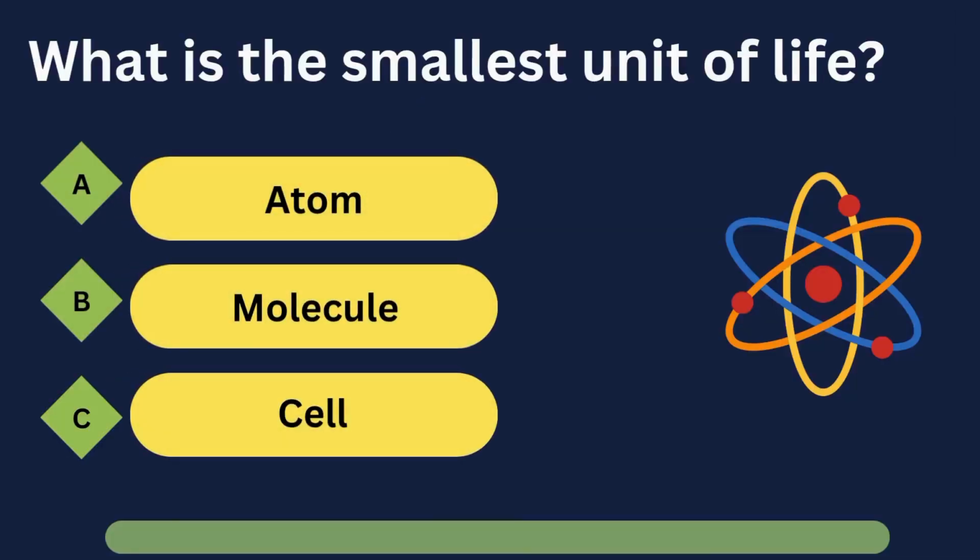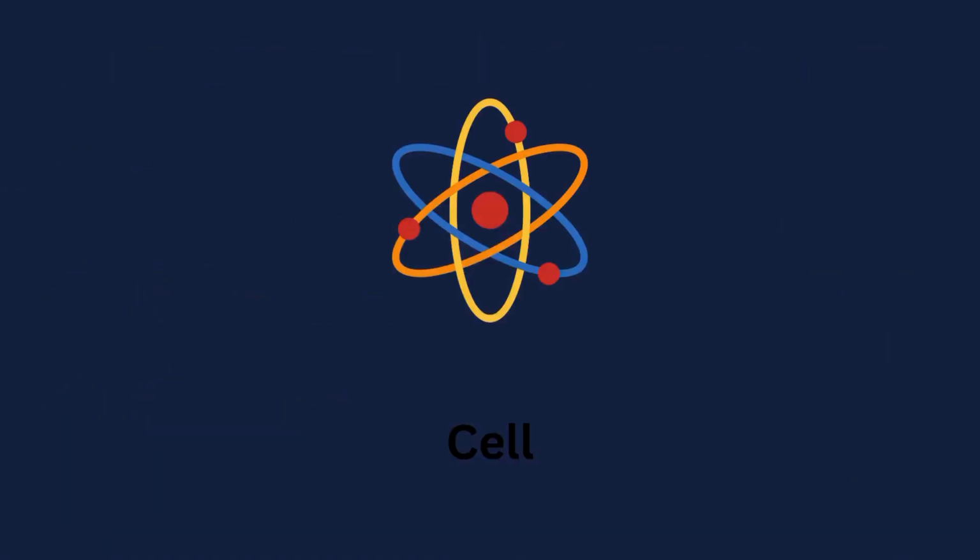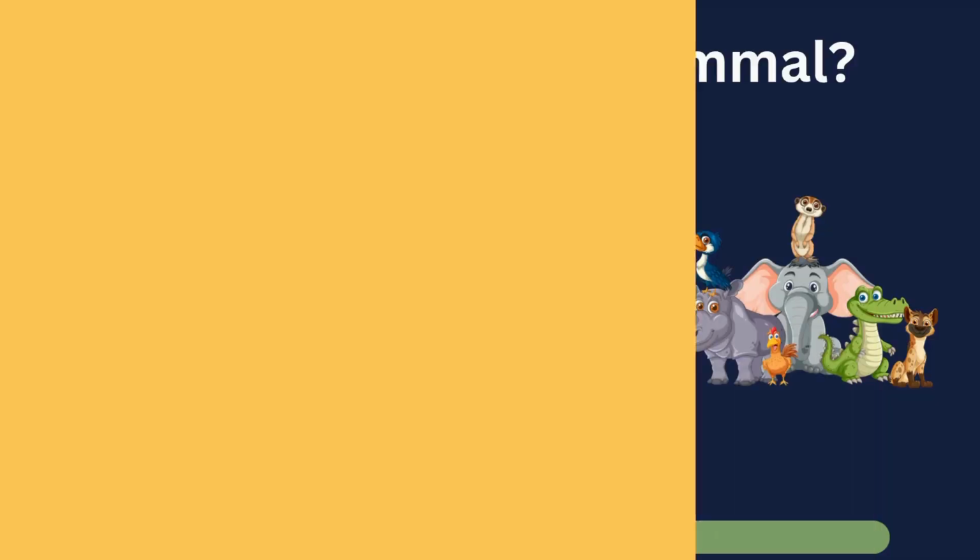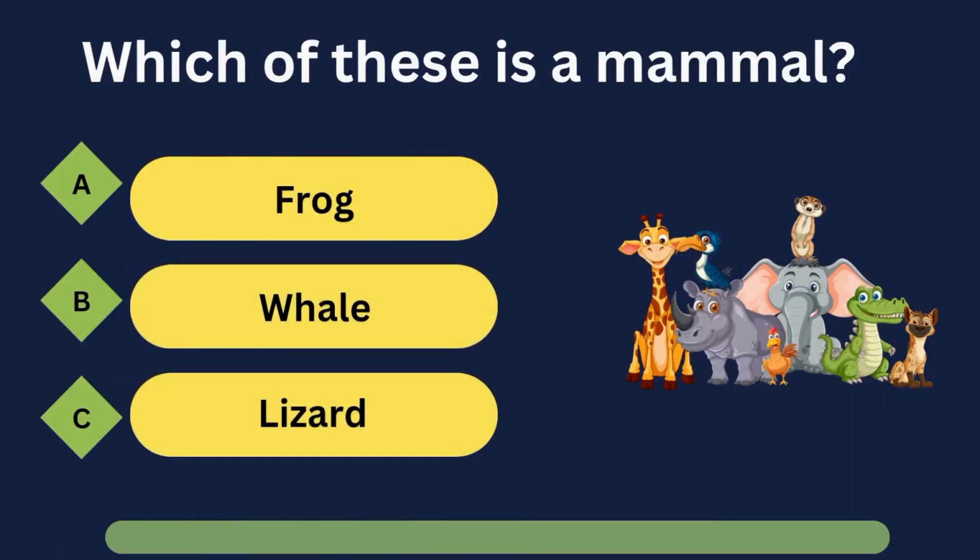What is the smallest unit of life? Atom, molecule, cell. Which of these is a mammal? Frog, whale, lizard.